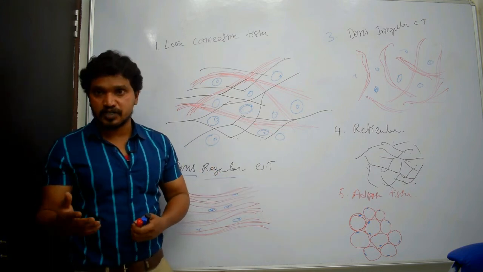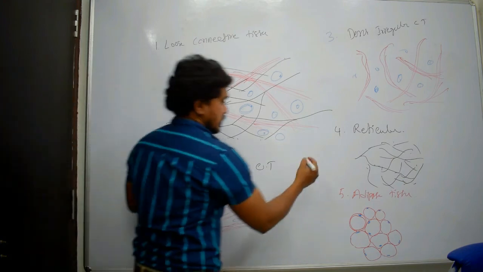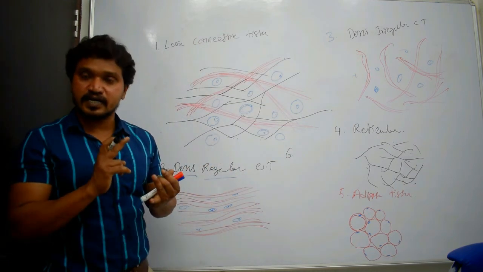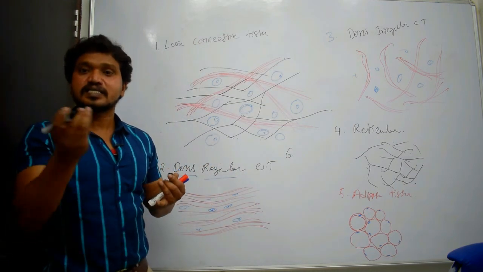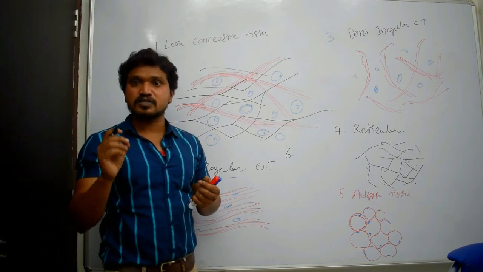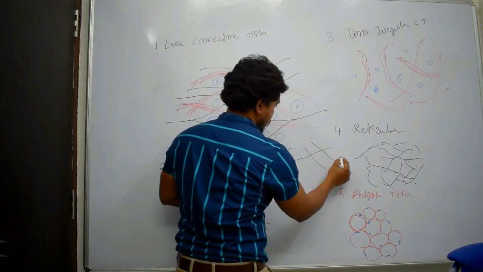Another type of connective tissue is mucoid connective tissue. Mucoid connective tissue is embryonic connective tissue. It contains Wharton's jelly, that means jelly-like ground substance, and contains very thin collagen fibers, a few fibroblasts and mesenchymal cells. The structure will be like this.